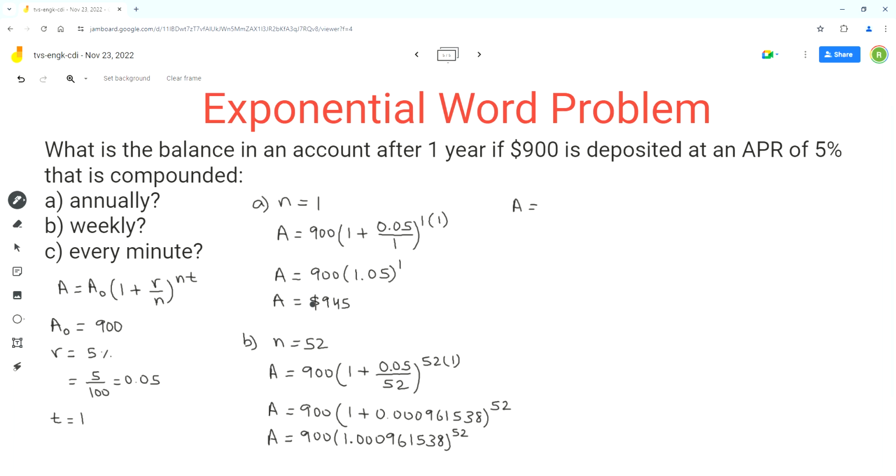Next, we can evaluate the exponent. I get. Now we can multiply these numbers.